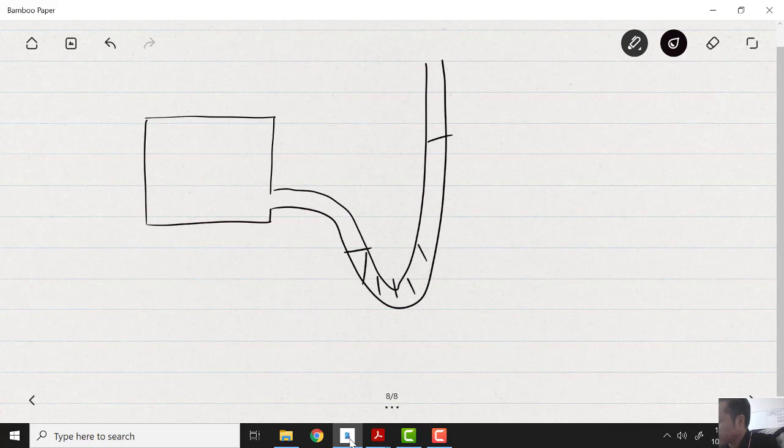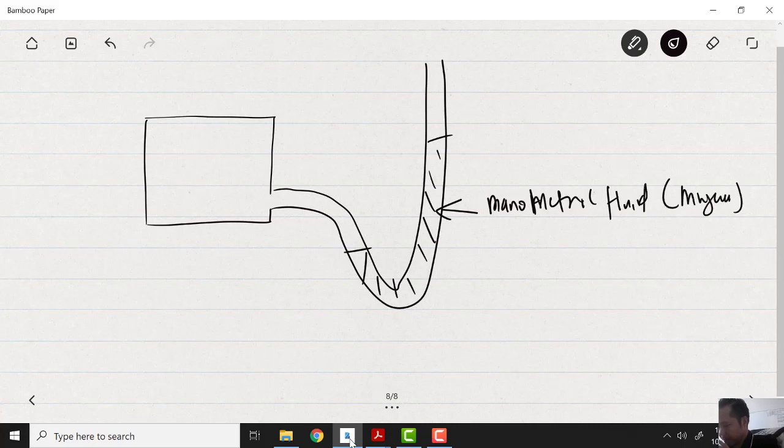So this time the manometric fluid is mercury. So inside the container we have water.